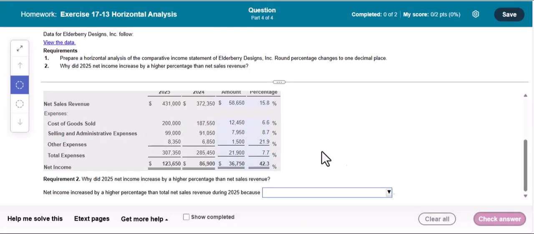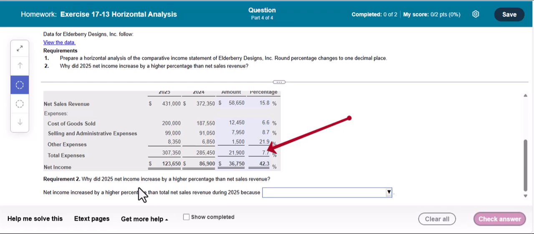Why did 2025 net income increase by a higher percentage than net sales revenue? So check this out. Our sales revenue increased by about 16%, while our net income increased by about 42%. So how could that be? Well, the reason is because our revenues increased by much more than our expenses. So again, an increase in revenue by about 16%, while total expenses are about 8%.